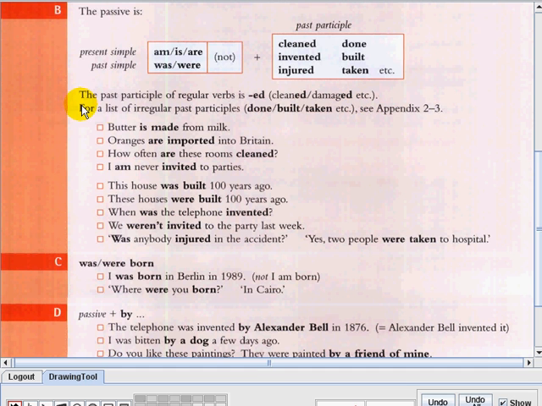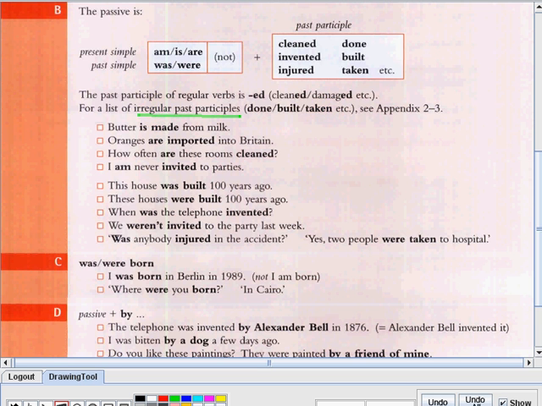But when we say irregular verbs, irregular past participles, these are the kind of verbs that we can see: done, built, taken. Now for us to understand how to make the past participle, we first have to know the base form of irregular verbs.